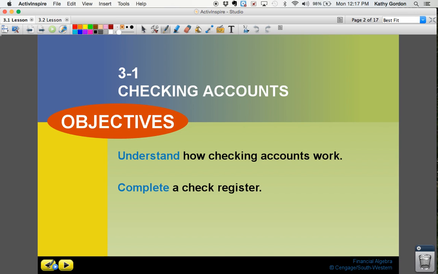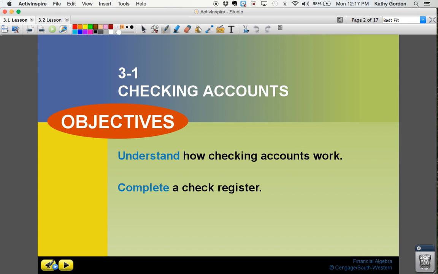I believe at this point every bank has to have a free checking option, but sometimes those are the really, really basic accounts and there's not a whole lot of benefits or bells and whistles with those. But every banking institution is supposed to have a free checking option.